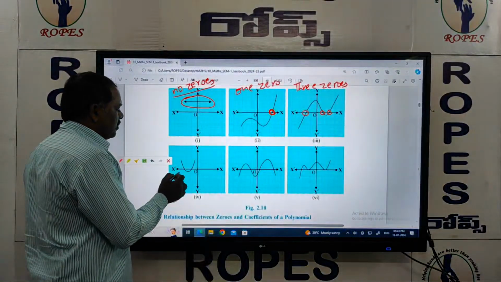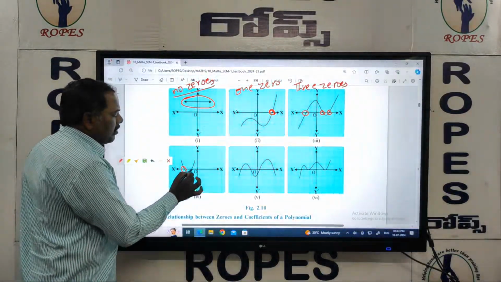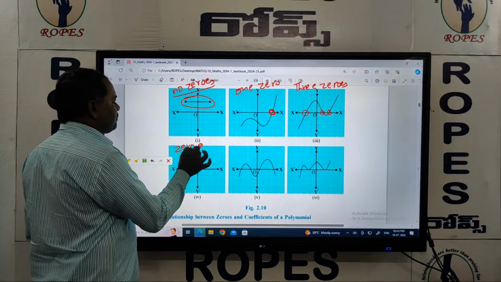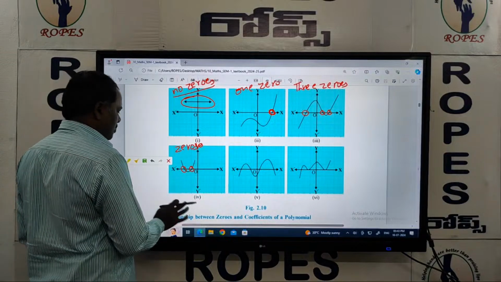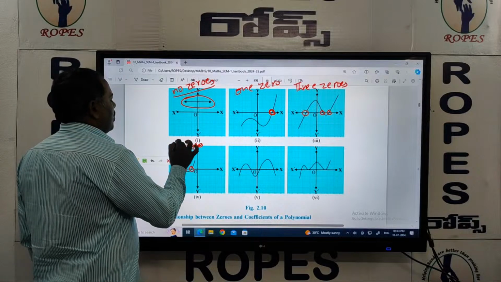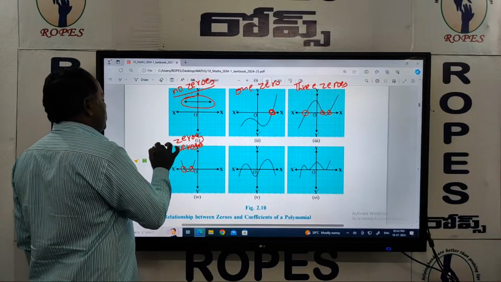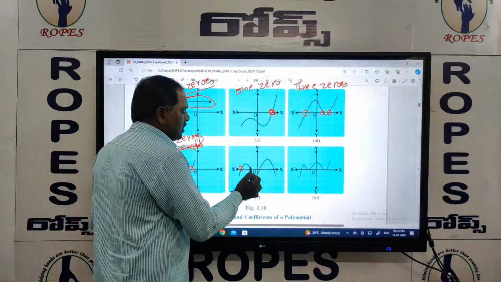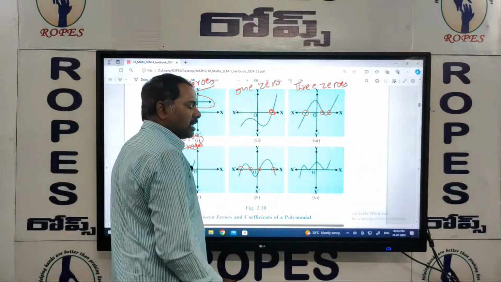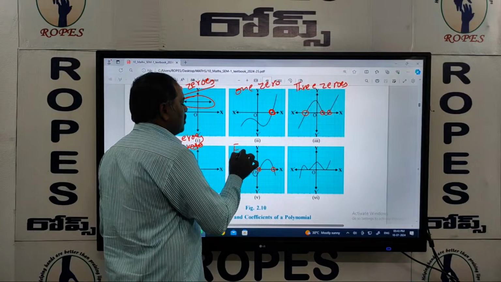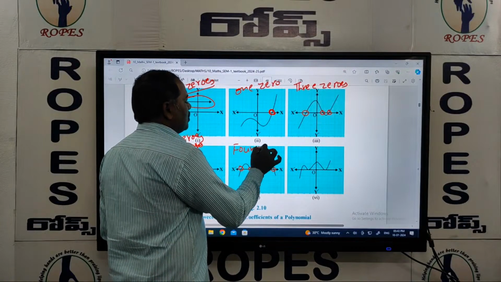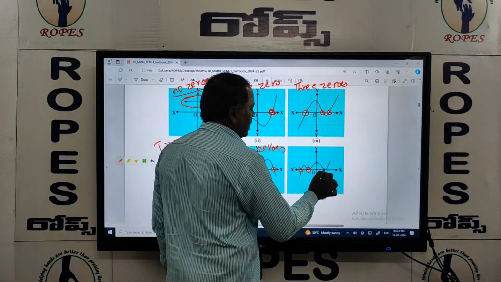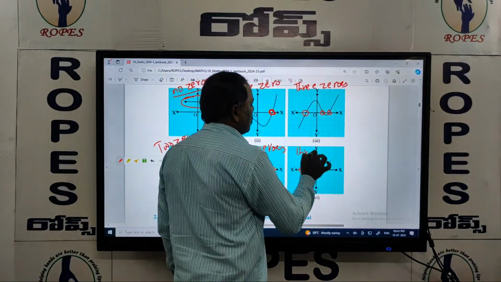Now the fourth one: at 2 places it is touching the x-axis, so it has 2 zeros. In the fifth one, the graph is touching the x-axis at 4 places, so it has 4 zeros. Next, the sixth one is touching the x-axis at 3 places, so this also has 3 zeros.